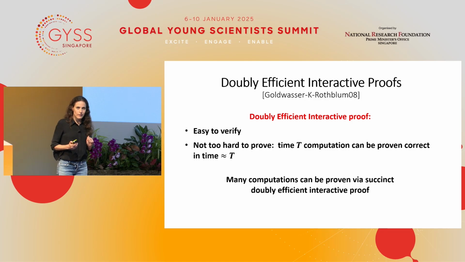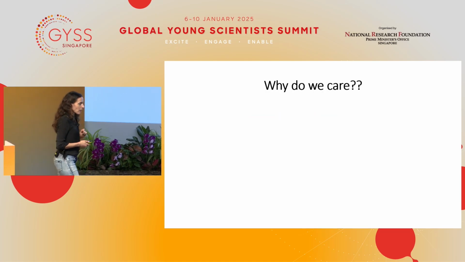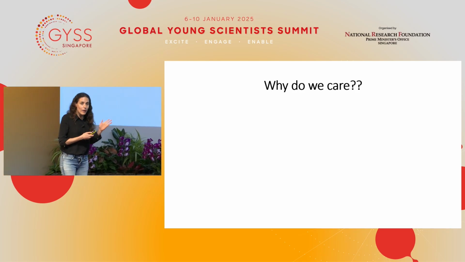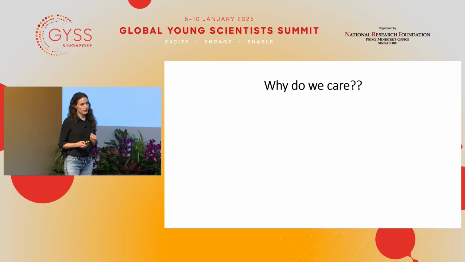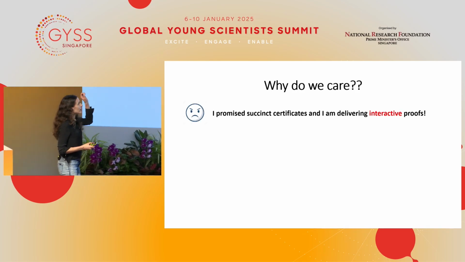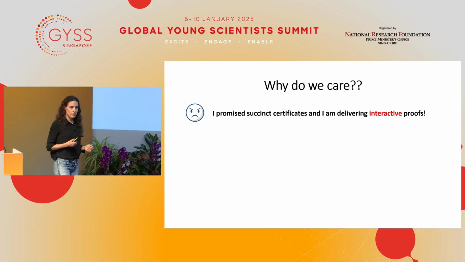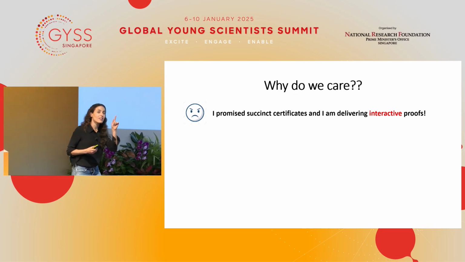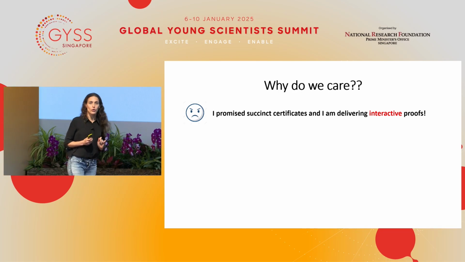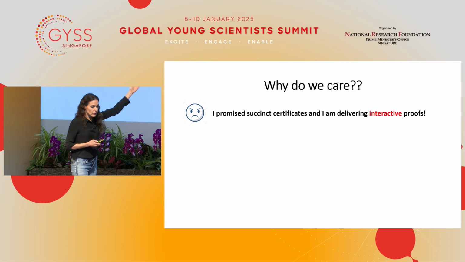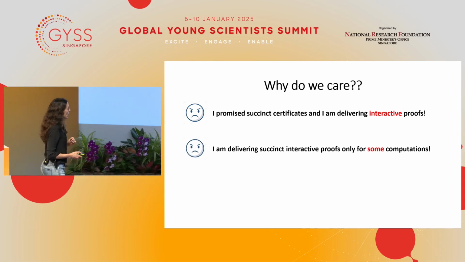Okay, so now you may actually be a little disappointed because what I delivered is not what I promised. I promised a succinct certificate, and I'm giving you interactive proofs. So where's the certificate? It's an interactive thing. Remember, I promised a SNARG, a succinct non-interactive argument, and I'm giving you interactive.